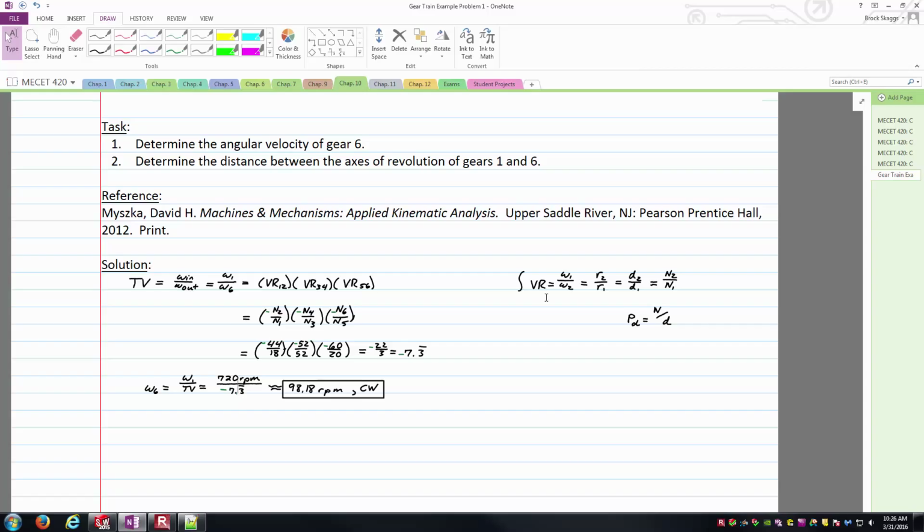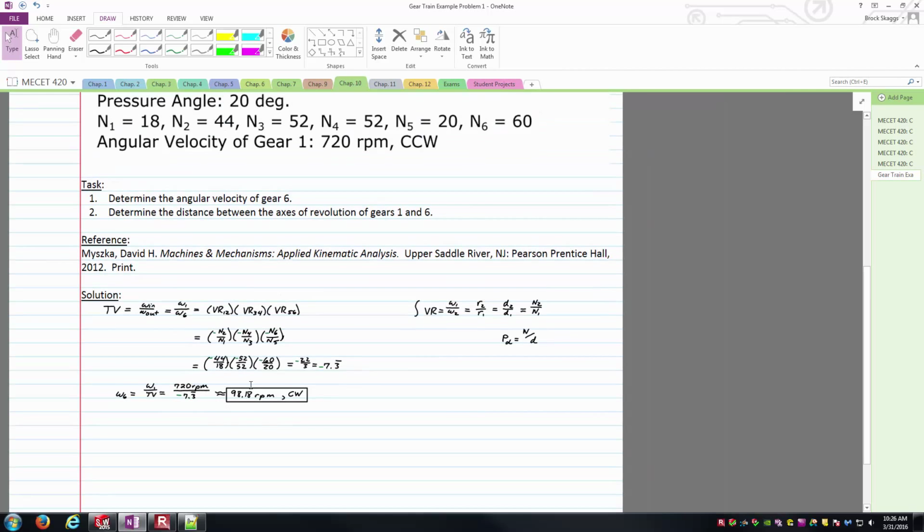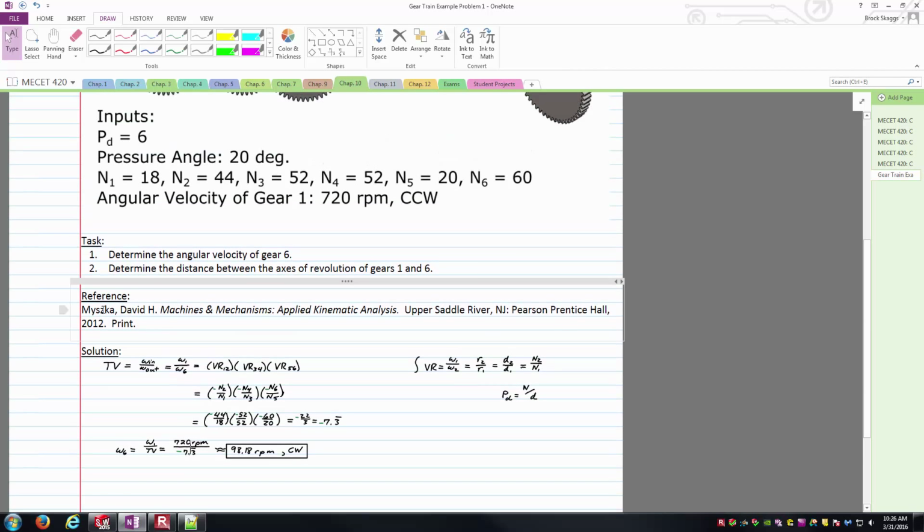And if you remember those simple rules and then just work through the arithmetic, then you would have the ability to detect the change in direction like we're seeing here. Again, you'd usually set up a convention also that counterclockwise rotation is considered positive and clockwise would be negative. And so either way, it got us to an angular velocity of roughly 98.18 RPMs in the clockwise direction.